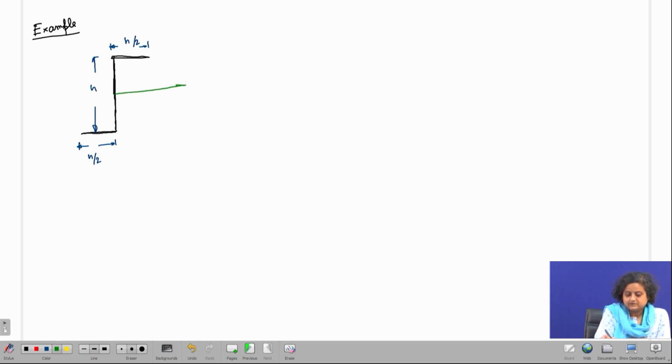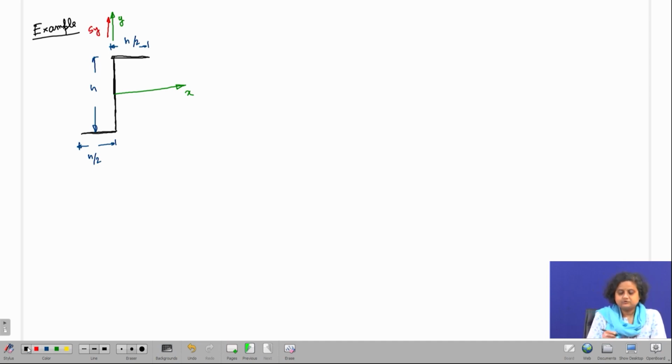Let this be the x axis and let this be the y axis. Now, a shear force Sy is being applied along the y direction.